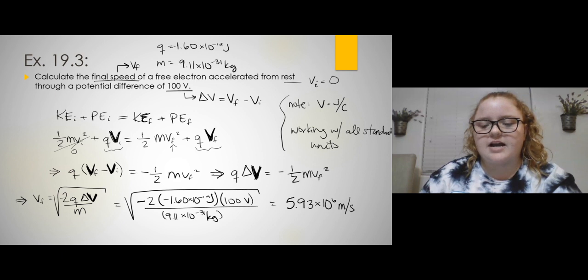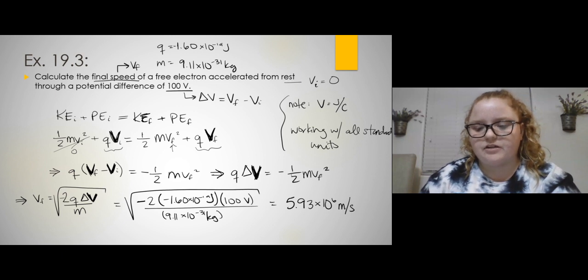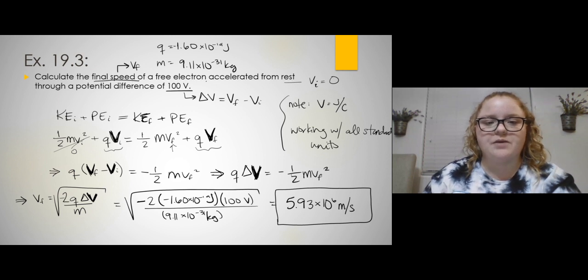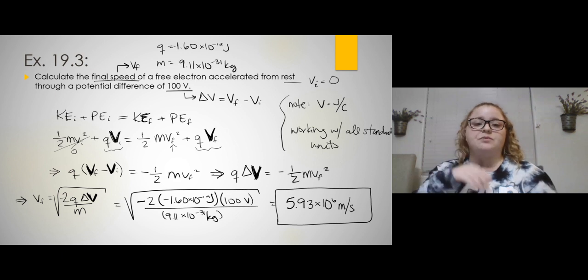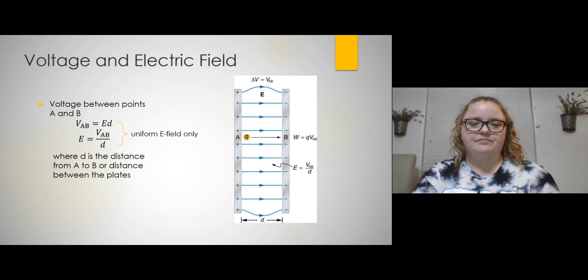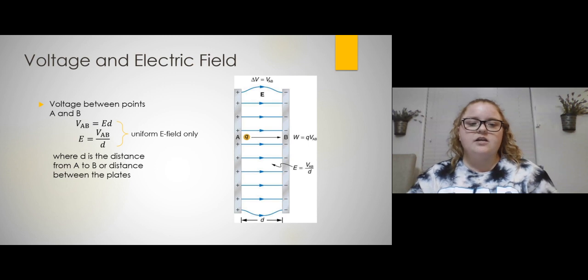I know that joules has some kilograms, meters, and seconds in it, and it will come to meters per second after taking the square root, okay? So this is our velocity, or speed, of a free electron that's accelerated from rest through a potential difference of 100 volts, okay? All right, let's move on to voltage and electric fields, okay?